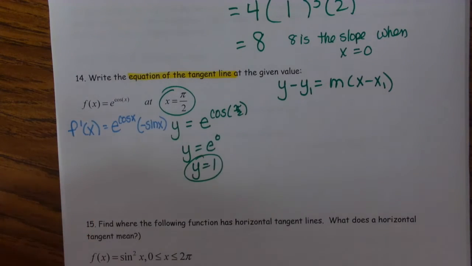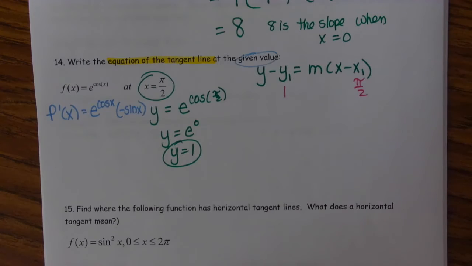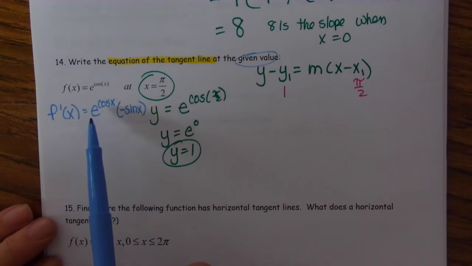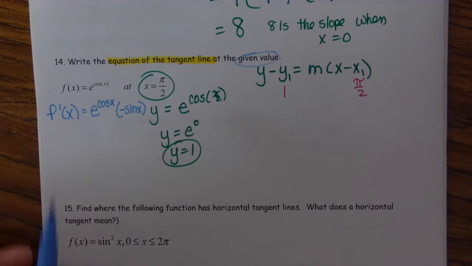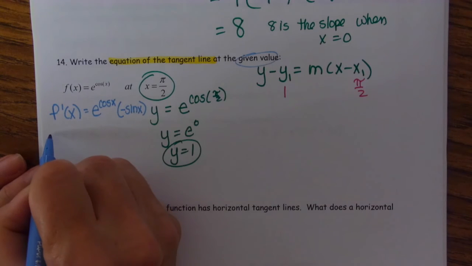The derivative of cosine is negative sine, right? Now that we've taken the derivative of e to the cosine x, which is e to the cosine x times negative sine x, now I have to plug pi over 2 in there.